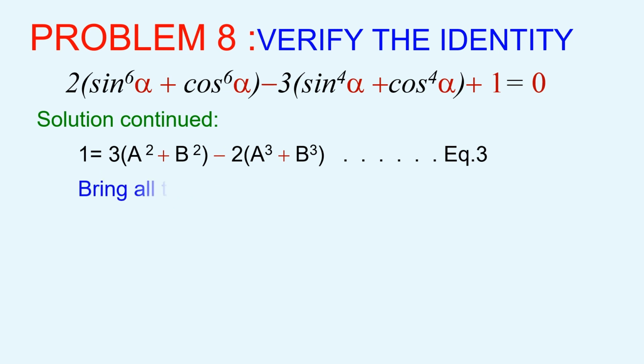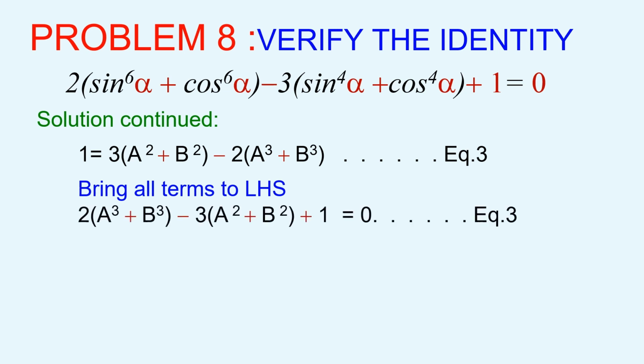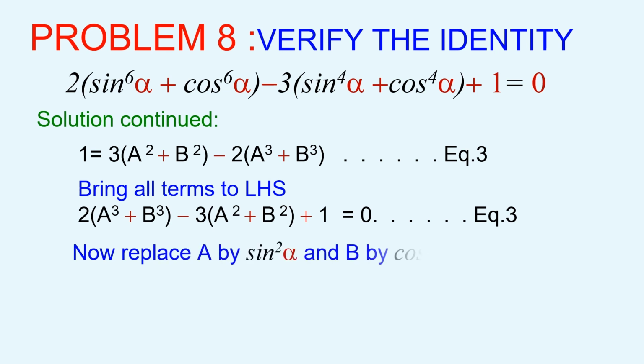We have 2 times a cubed plus b cubed minus 3 times a squared plus b squared plus 1 equals 0. Now replace a by square of sine of alpha and b by square of cosine of alpha in the equation.